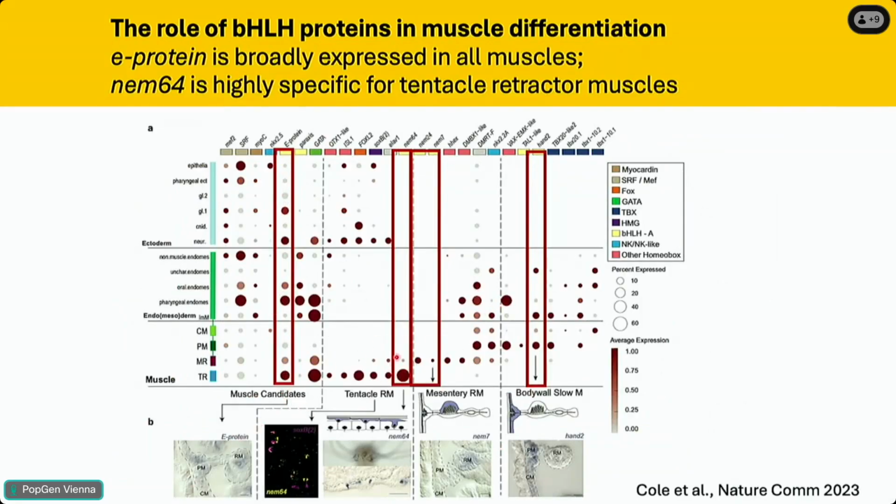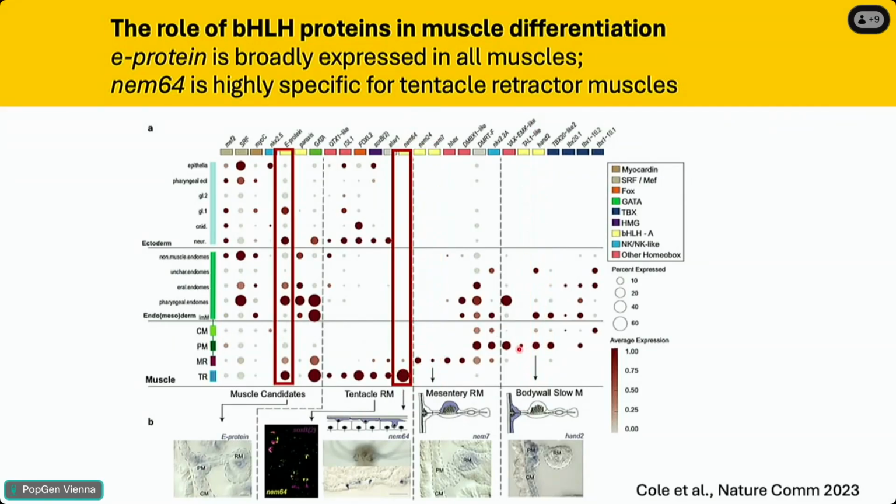And here's another bHLH factor, NEM64, that I will spend some more time on, flanked by its paralogs, NEM24 and NEM7, which are expressed in the other muscles. So they seem to be largely exclusive to each other. And another bHLH, HAN2, is not expressed in the fast muscles, but only in the slow muscles here.